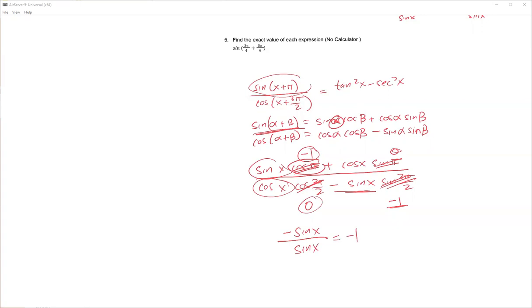Now, what does tangent squared minus secant squared equal? That's also equal to -1. And since they both equal -1, you're good to go.